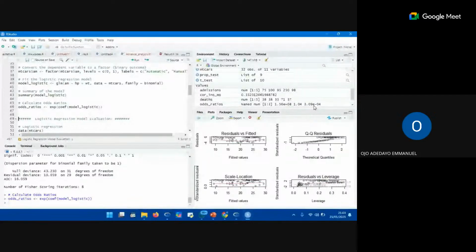How do you interpret your odd ratio? You are going to take one out of the two as reference. What do I mean by that? If it is manual that you want to take as reference, then we have the odd of 1.04 for the horsepower. Sorry, if it is manual that we use as reference, we base our conclusion on automatic.